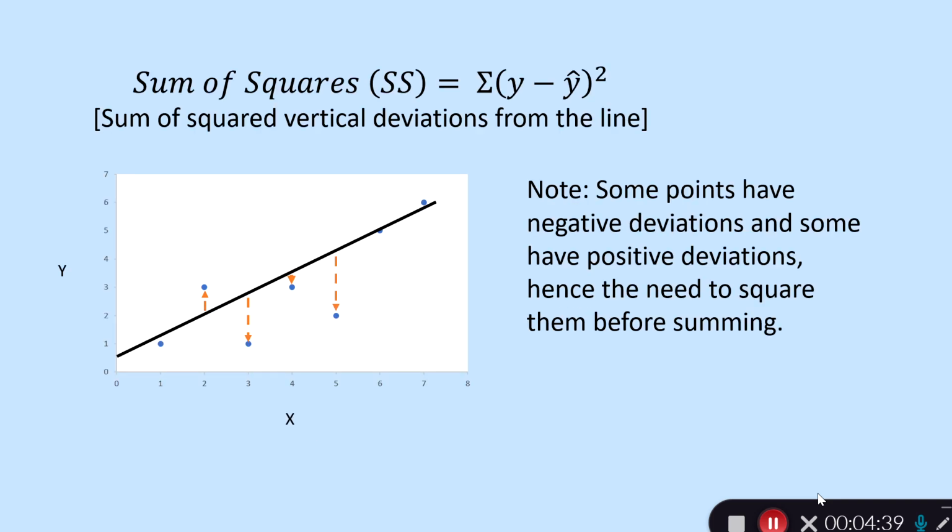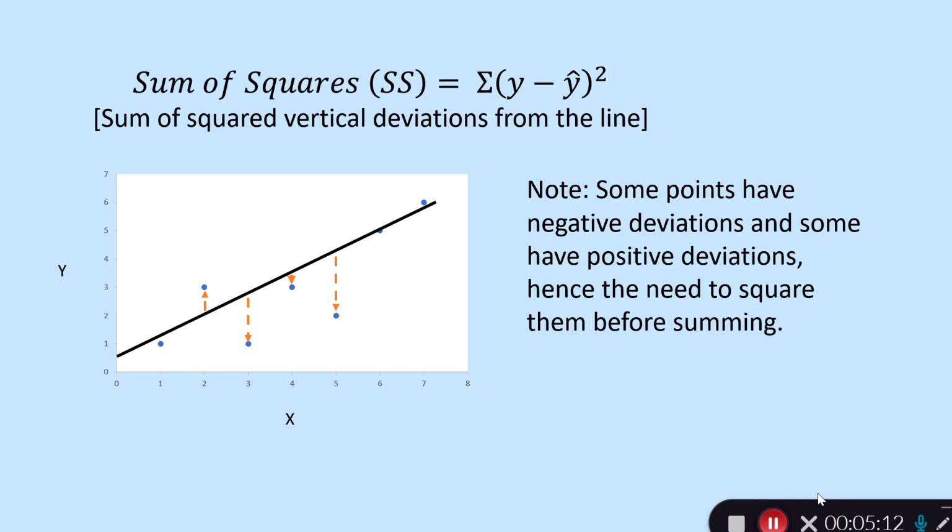This slide is just a bit of revision as well about the sum of squares. If you remember, the deviations of data points from the line are squared before summing them, so that negative and positive deviations don't cancel each other out. Then you take those deviations from the mean value of y, square them, and add them all together, which gives you the sum of squares.